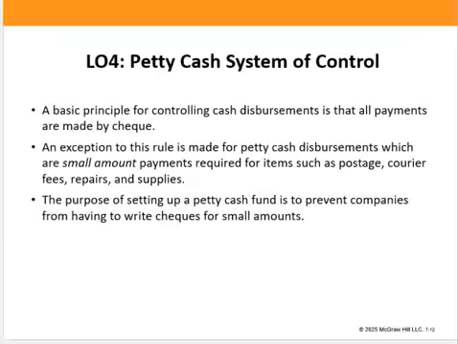So it's kept in a lockbox, and one person has control of this lockbox. And then as the money starts to run out and is being replaced by invoices, cash needs to be redistributed to the petty cash.